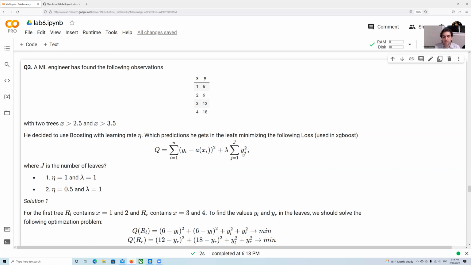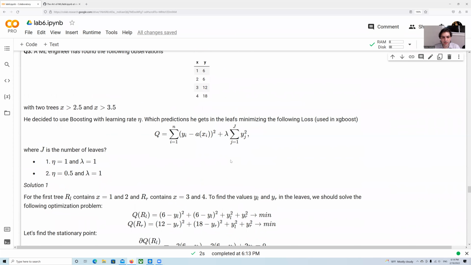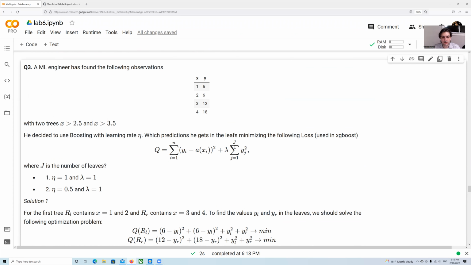Again, it's all made to increase the independence of individual trees. And such models are called extreme trees, and there is the XGBoost package, which is using these regularized cost functions in the nodes of the tree.